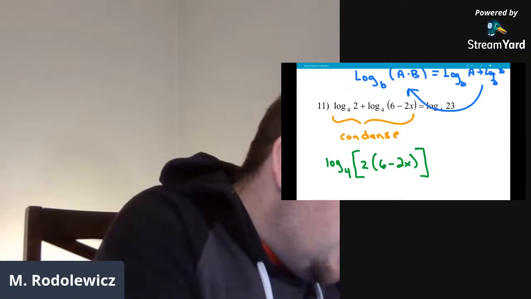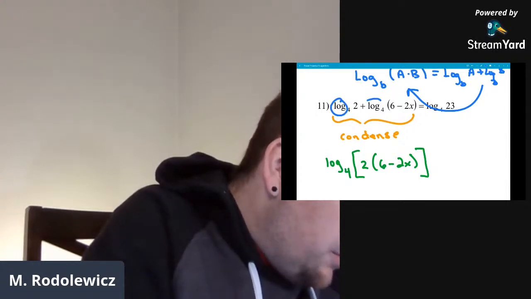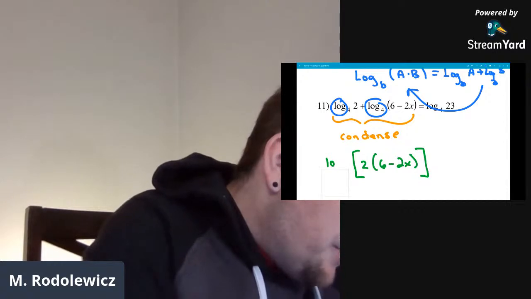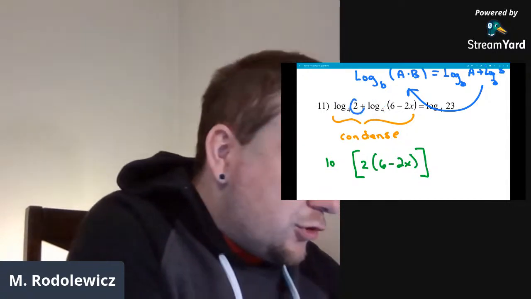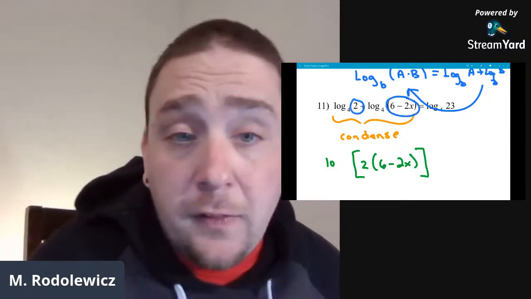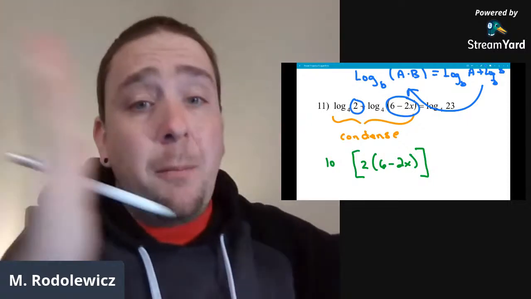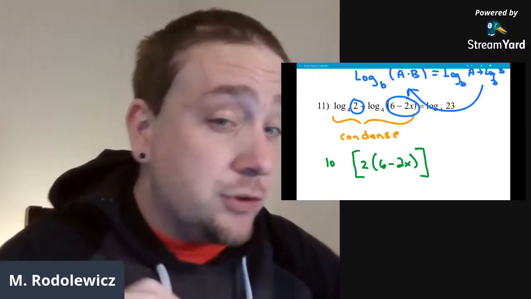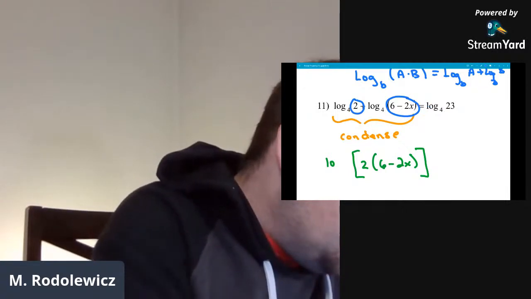So I'm taking this logarithm and this logarithm, writing it once, and I'm taking the inner parts, the 2 and the group, and I'm going to multiply them together. I haven't done the multiplication yet, but I'm about to, all right? So that's what took place there.